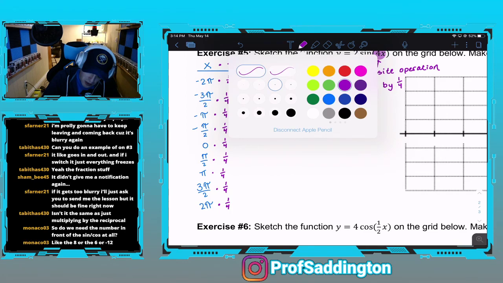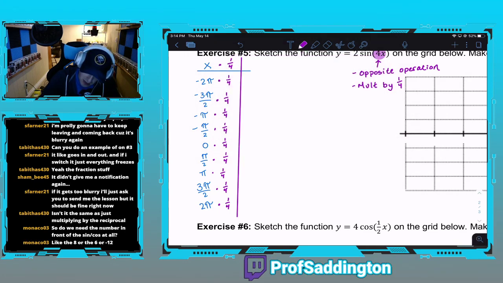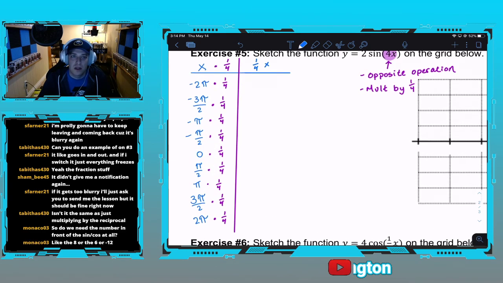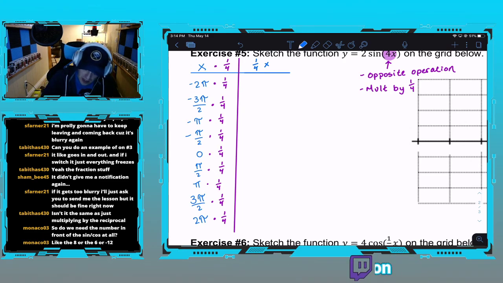So what we're doing, and this is why I created a little table, we found our x, but now what we're finding is our 1/4 x. We're going to find our new x. So if I were to multiply negative 2 pi times 1/4, that's really just going to be negative 2 pi over 4, which essentially is just negative pi over 2.